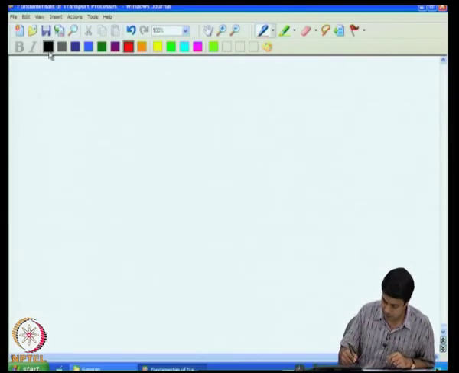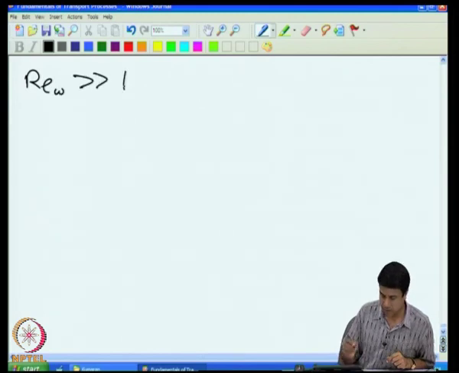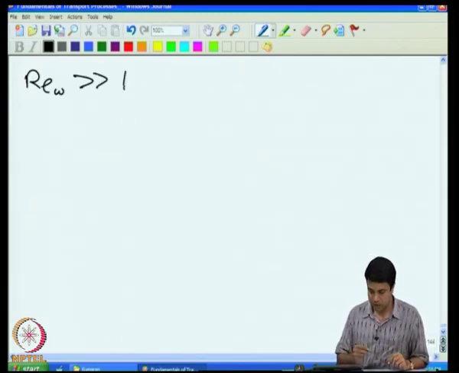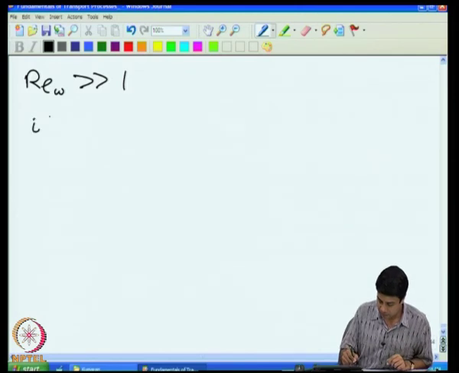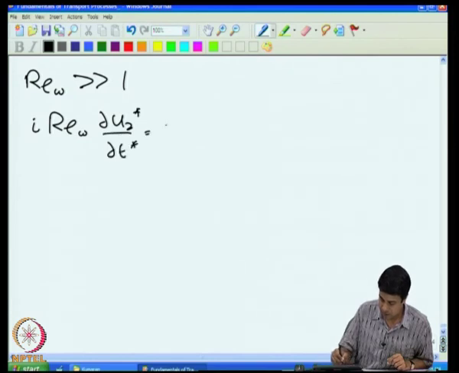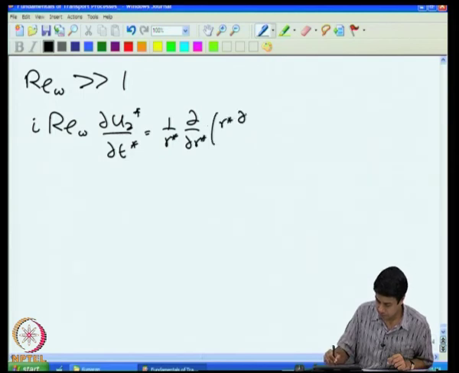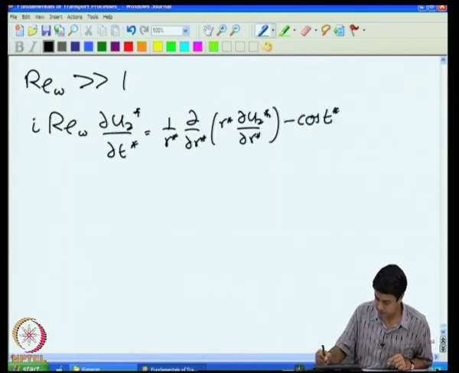What about the case where Re omega is large compared to 1? I had an equation of the form i Re omega du z by dt is equal to 1 by r, minus cos t star.